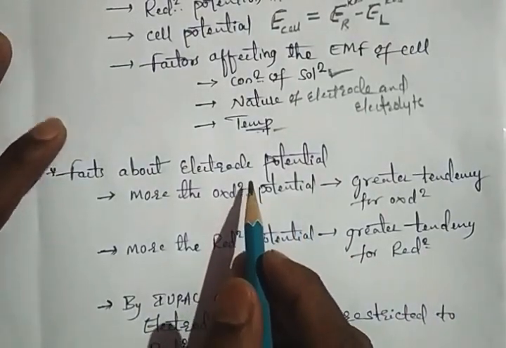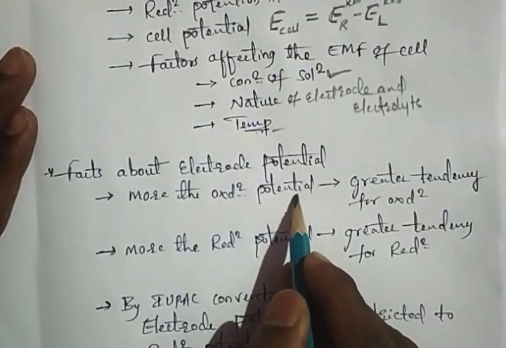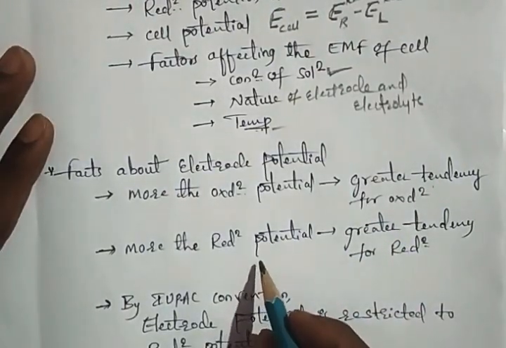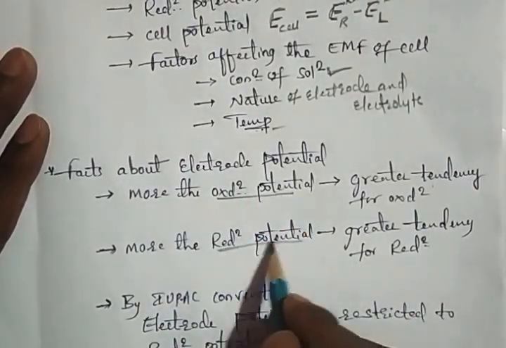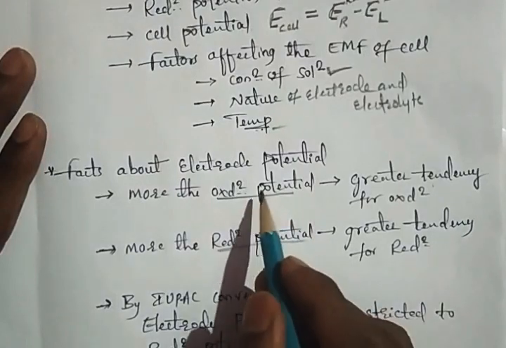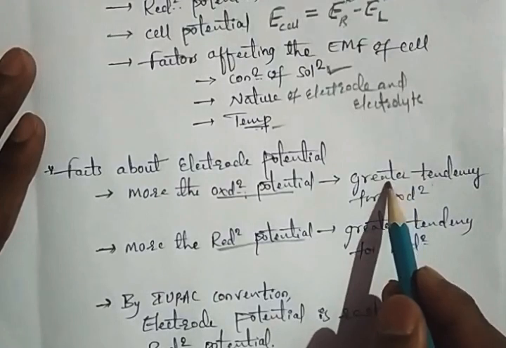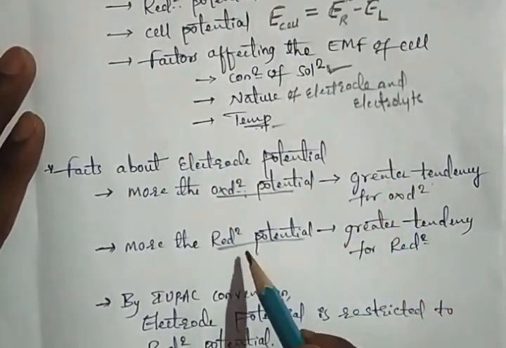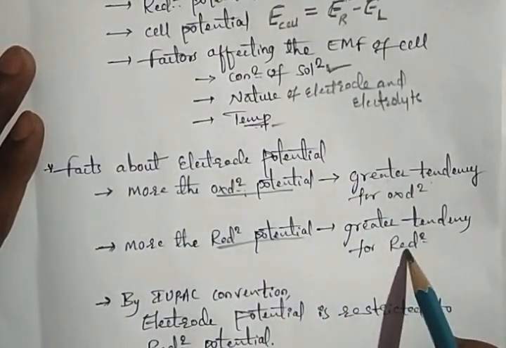If an electrode has higher oxidation potential values, which means it has a higher tendency to undergo oxidation, then the electrode has a greater tendency to undergo oxidation. If its reduction potential value is more, then it has a high tendency to undergo reduction.